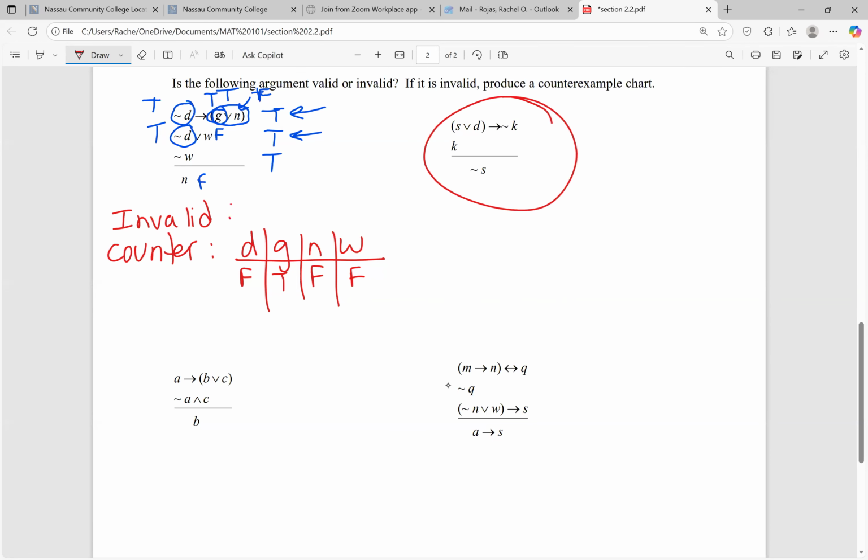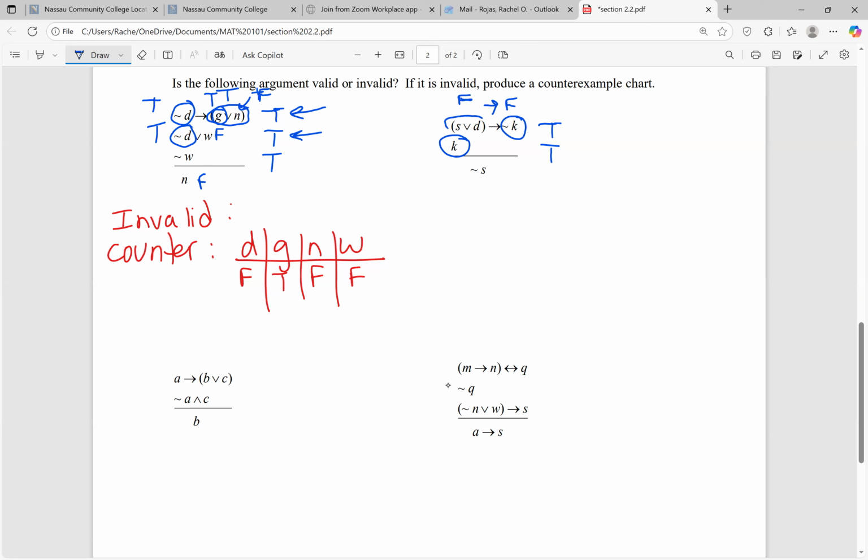So let's look at this next example to the right. We have 2 premises. Let's assume they're true. So under that assumption, then K is true, right? So then not K over here is going to be false. But we have an implication, right? We have a conditional statement. So something to a false has to be true. Well, the left-hand side can't be true because true to a false is false. So it has to be false.